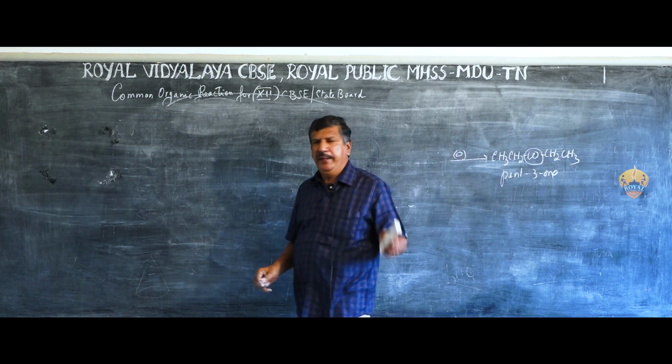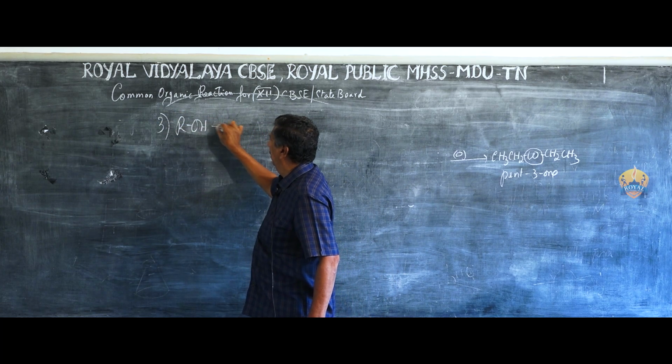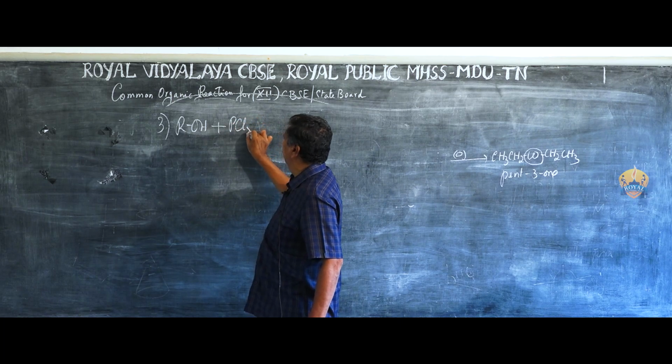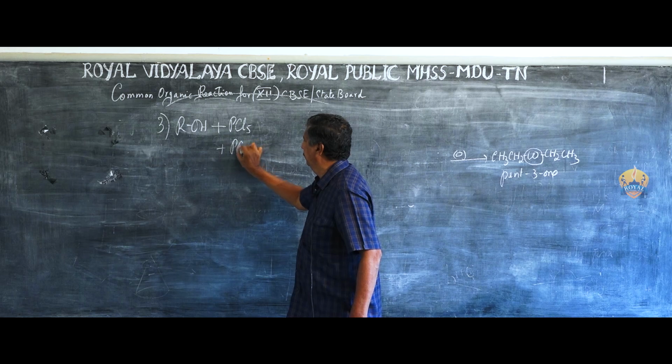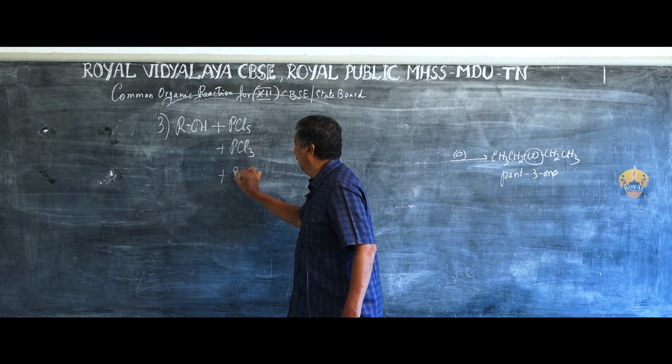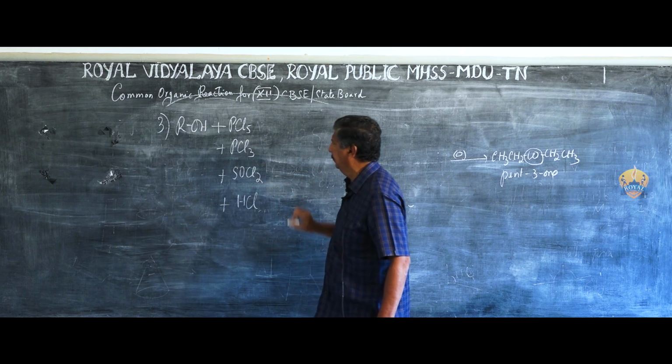Next one, you are going to see alcohol with PCl5, then with PCl3 or SOCl2 or HCl. You see?